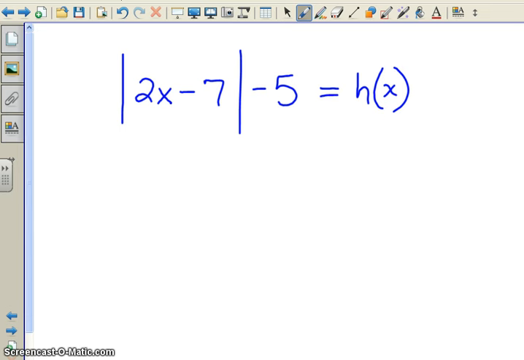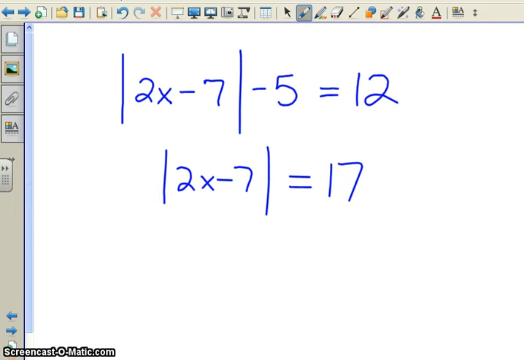Here's our last function we'll deal with, the absolute value function. Now I know this is a function because absolute value makes a v on our graph, which passes the vertical line test. So let's say I've got this function and I know h of x is 12. I want to figure out what value of x gives me that 12 as an answer. So to solve this equation, I need to get the sticks by themselves by adding 5 to both sides.